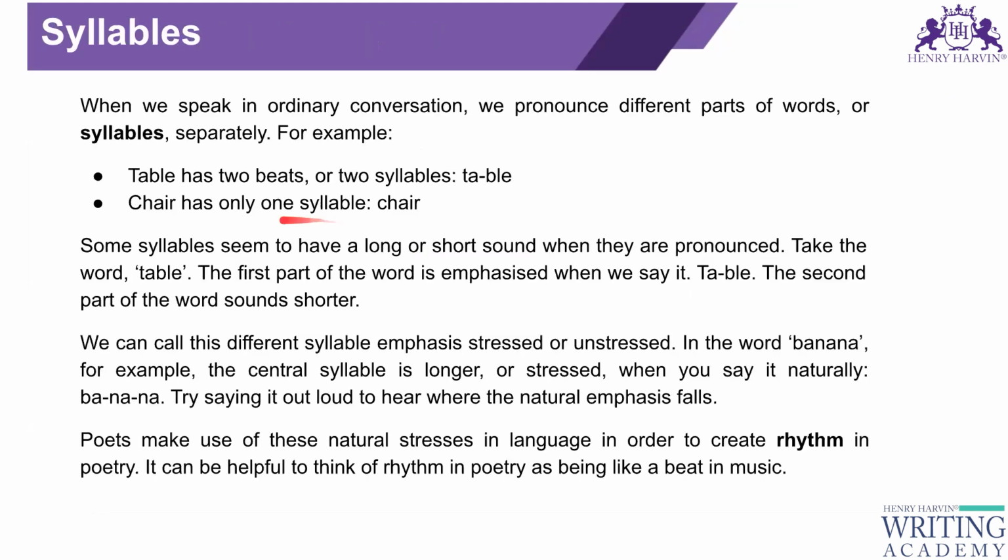That is why rhythms are always followed. So table has two beats, ta and bl. Chair has only one syllable, chair. A-I-R is silent.